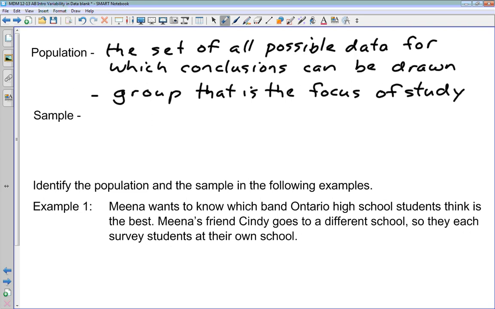In order to learn about the population, we are going to take a sample. A sample is a subset or a group chosen from the population, a subset of the population that will be measured.